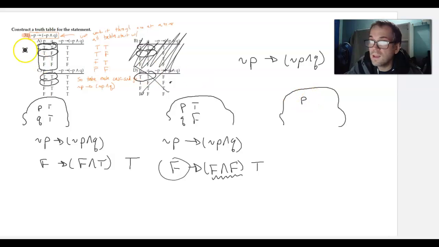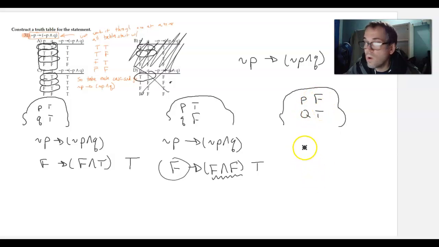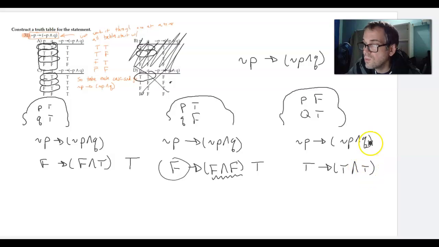And now, I guess we'll get it figured out in the next turn. When P is false and Q is true, what happens to not P implying not P and Q? If P is false, not P is true, implies not P is true and Q is also marked as true.